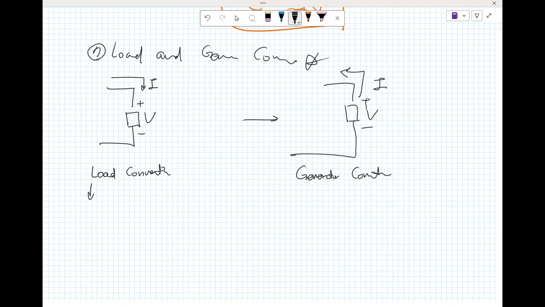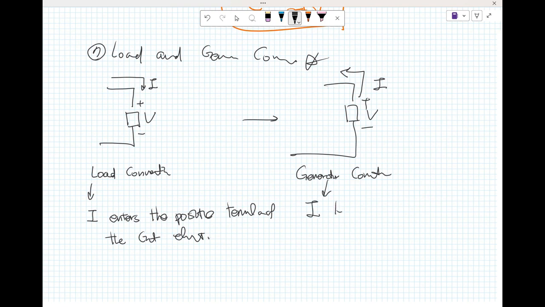Okay. So one more time, in the load convention, the current enters the positive terminal of the circuit element. I'm going to write it for you: the current enters the positive terminal of the circuit element. However, in the generator convention, the current leaves from the positive terminal.